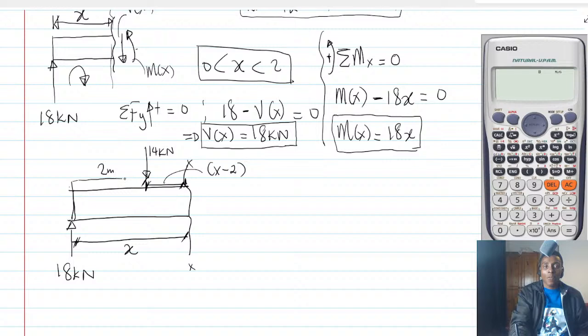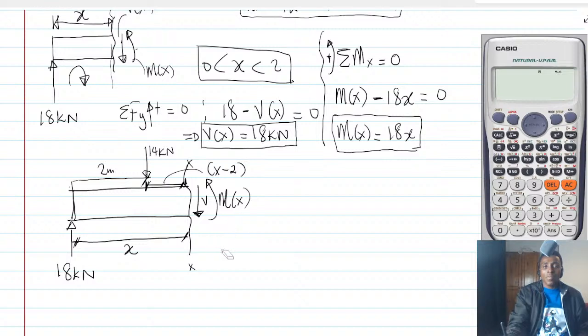Since we have taken a section, then we can say that the shear force will come down and then bending moment will go up, right? Okay. Now let's sum forces. So again, the shear force.